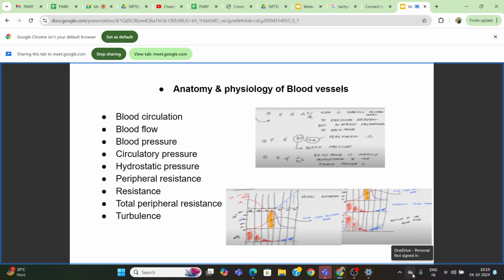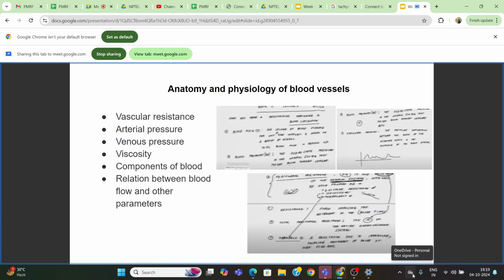Before that, in that week, we have seen multiple terms related to hemodynamics: what is blood flow, blood pressure, circulatory pressure, peripheral resistance, total peripheral resistance, and transmural pressure. So just go back and make sure you understand the basics and the definition of everything. You don't need to learn it by heart.